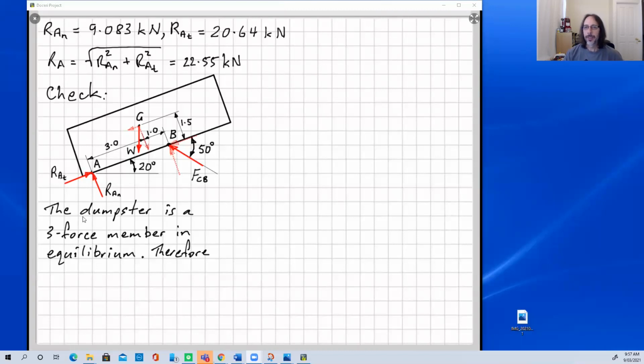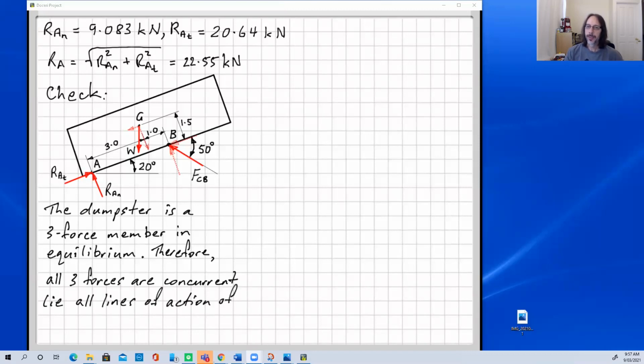All right, so if we have a 3 force member in equilibrium, we know that all 3 forces are concurrent, which means that they all pass through a single point. All lines of action of the 3 forces pass through a single point. Now you may be looking at this free body diagram and thinking, hang on a second, there's 4 forces here, right? But remember that we've just up here turned these 2 components into a single resultant force.